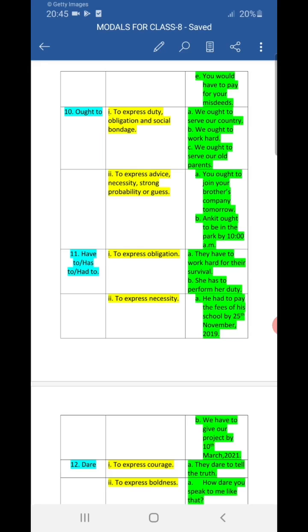Here had to is the past form of the modal have to.